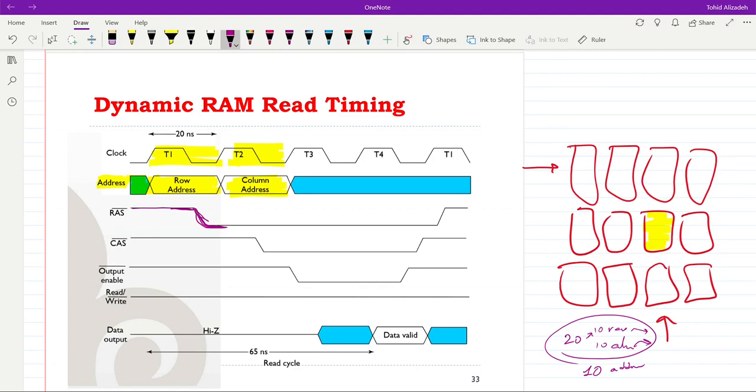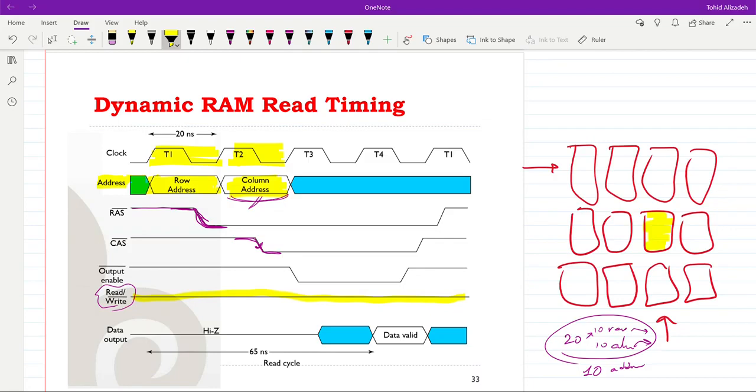And then during the time in which the column address is provided, the CAS, the column address strobe, will go down, and the content of the address will be stored inside a register, in order to have them for later use. Read-write, in this case, since we are doing the memory read operation, is kept at 1 all the time, meaning that we are going to read.